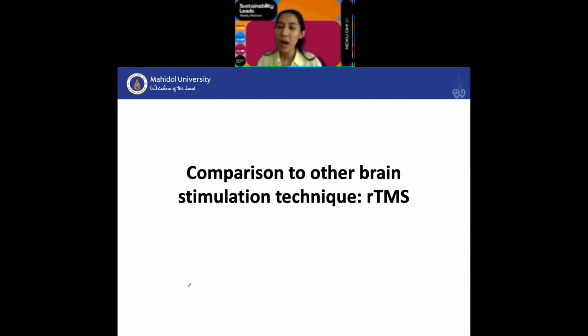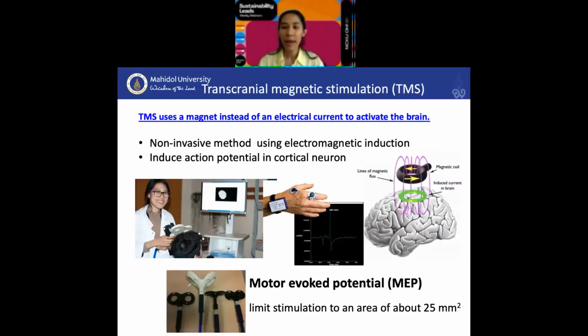Okay, so compared to other brain stimulation techniques like rTMS, or as I showed you in the picture first, TMS we use to measure more the evoked potentials, and this method is very useful to stimulate the brain.